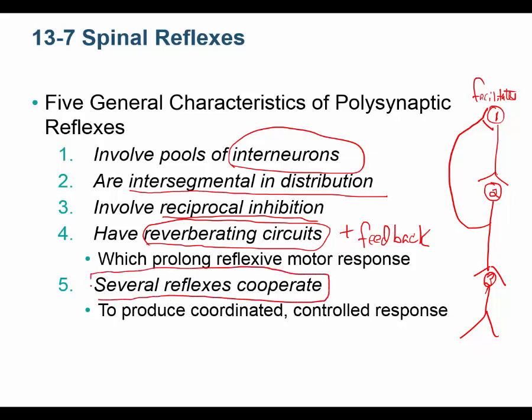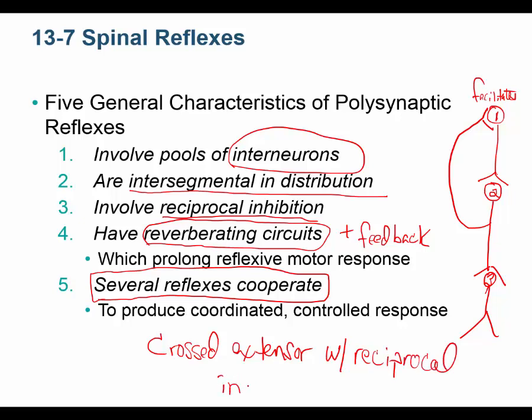If you look at the crossed extensor reflex, that's actually a mixture of several reflexes, the crossed extensor with reciprocal inhibition. Now that's a complicated reflex. Go back and look at crossed extensor reflex with reciprocal inhibition, and you'll see several reflexes are coordinated. All right, so those are some general characteristics of polysynaptic reflexes.